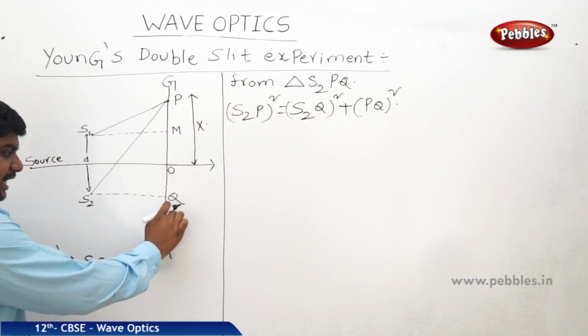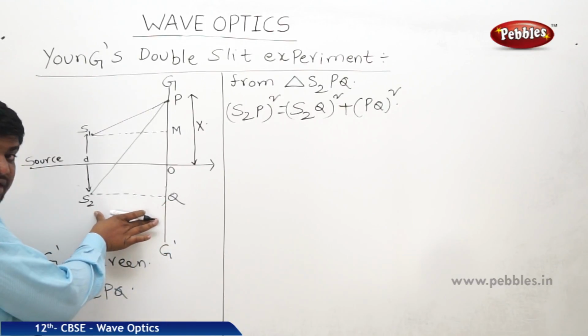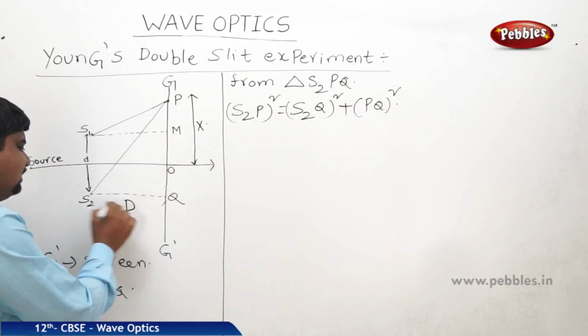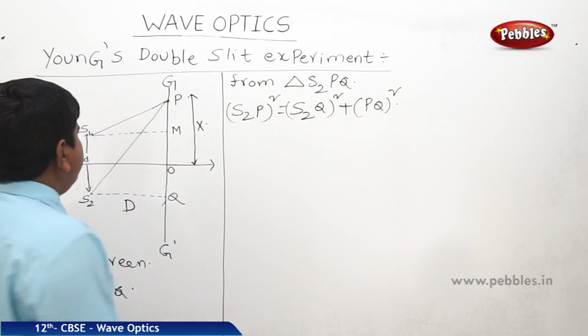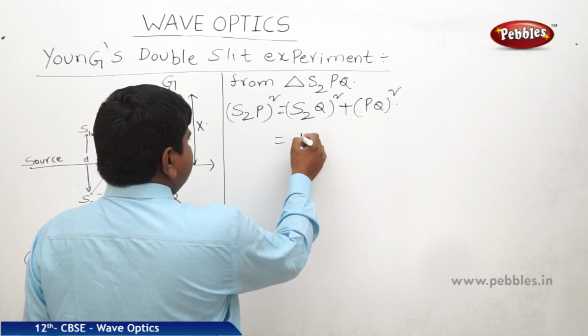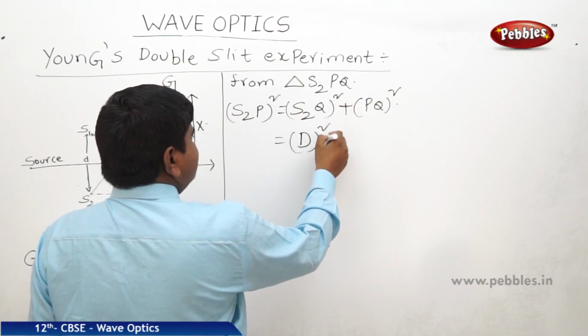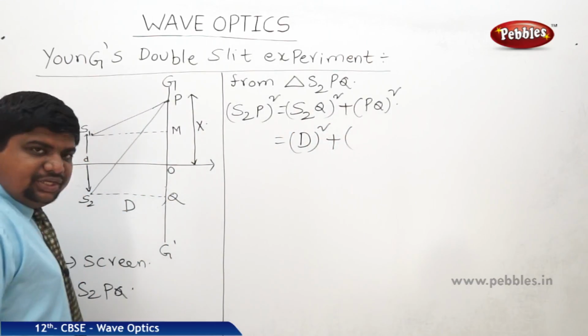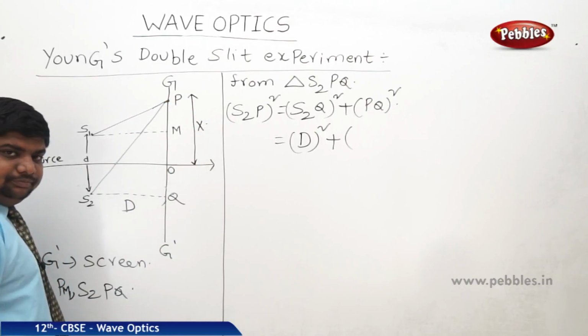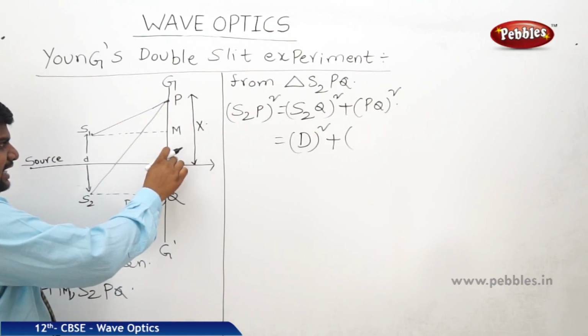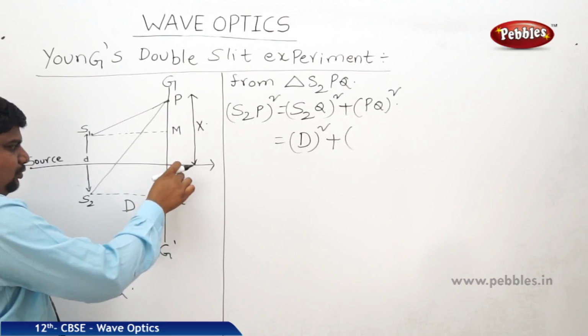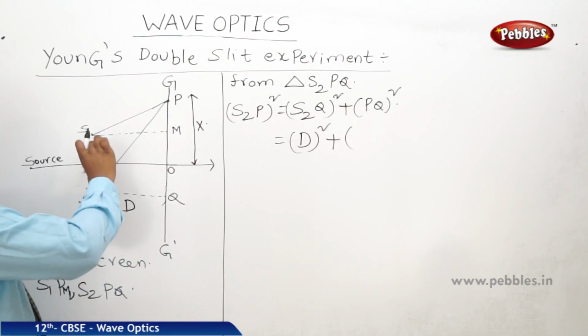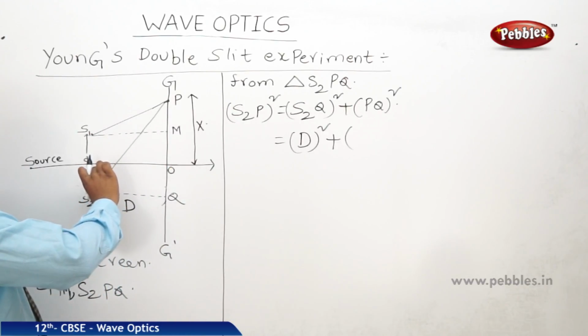The screen and slits are separated by a distance D. So S2Q or S1M is equal to D. So it is D square plus PQ, here to here. See, PO is x and OQ is d by 2.